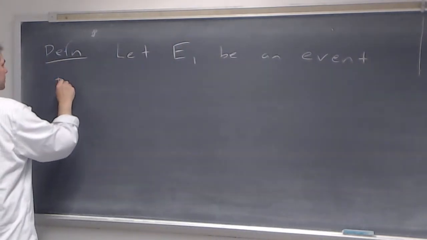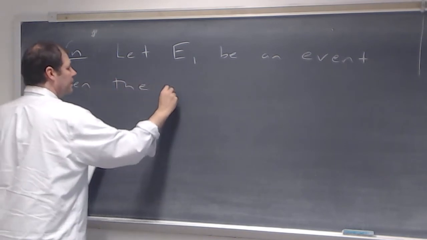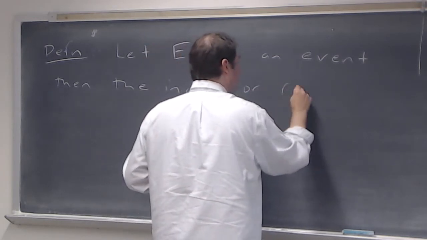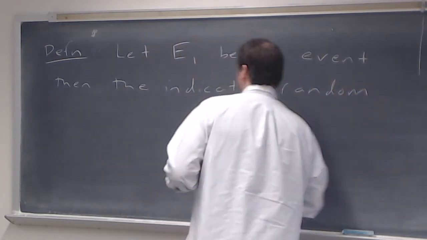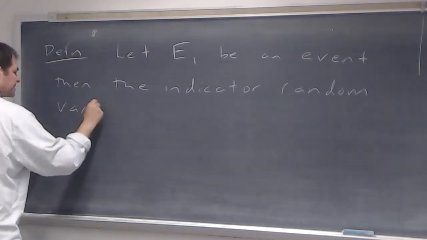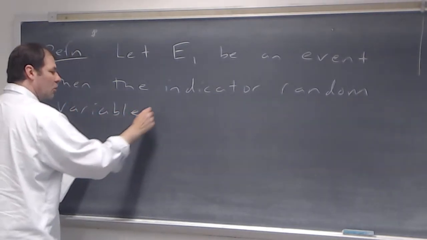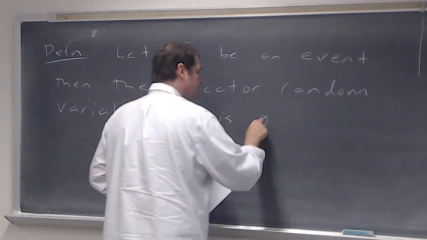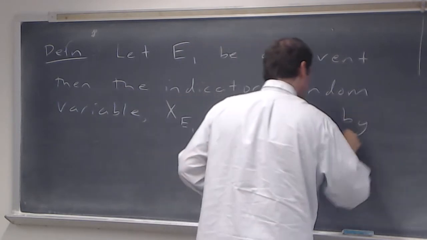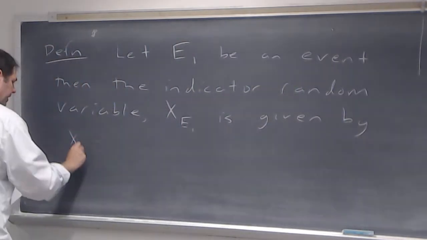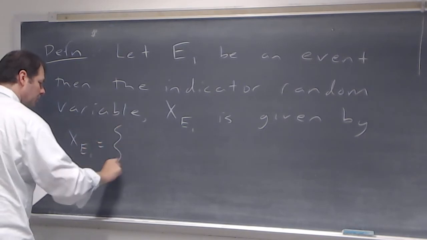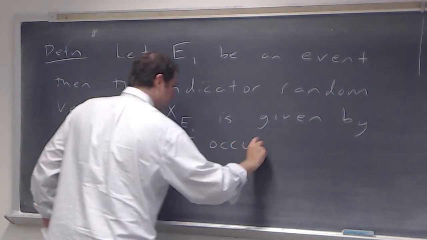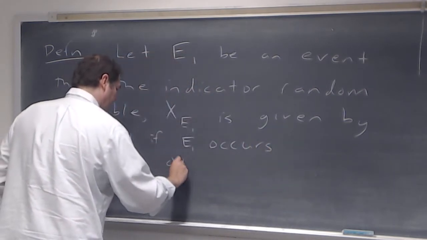Then the indicator function, or indicator random variable, very apt name, we're going to call it X sub E sub 1, is given by X sub E sub 1 is equal to 1 if E sub 1 occurs, and 0 otherwise.